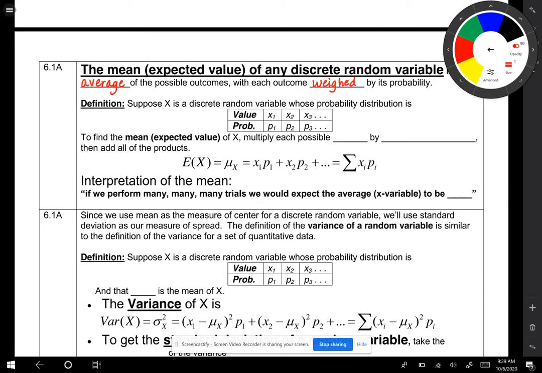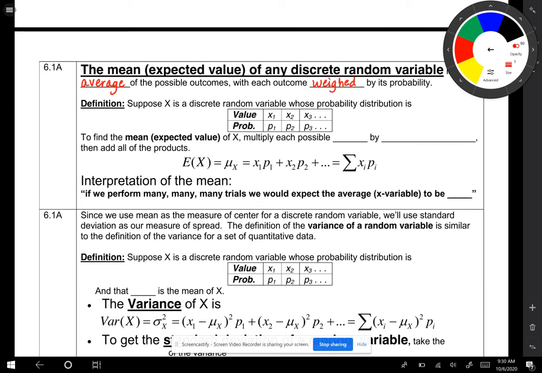Here's the definition. Suppose your capital X is a discrete random variable whose probability distribution is, so you're given that table. To find the mean, which a lot of times on a test, you'll be asked to find the mean or you'll be asked to find the expected value. It's the same thing of that discrete random variable.